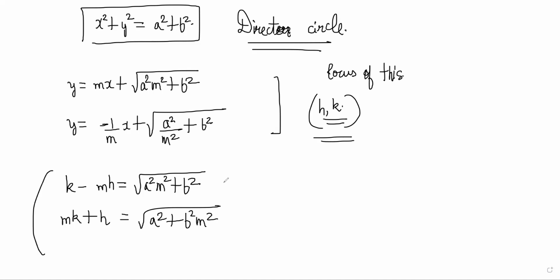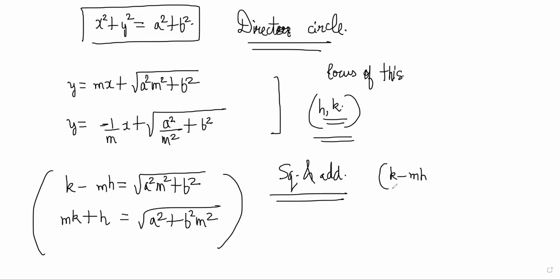And now how do we eliminate m here? What you should do is you can square and add both sides, right? You will get k minus mh whole square plus mk plus h whole square should be equal to a square m square plus b square plus a square plus b square m square. So that is a square plus b square common, m square plus 1, right?